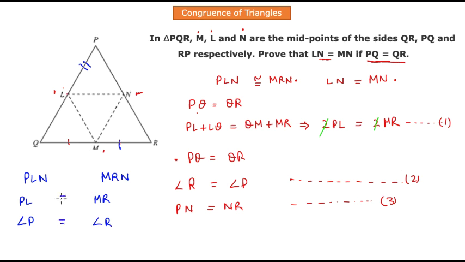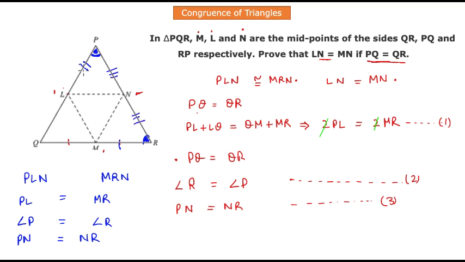These two angles are equal to each other, so let me put that in deep blue there. All right. Then we have the third thing, which is the side PN equal to NR. This was our finding number 3. And this is my PN and this is my NR.